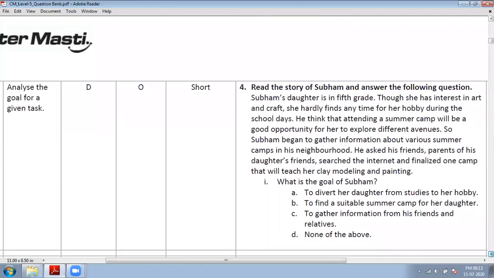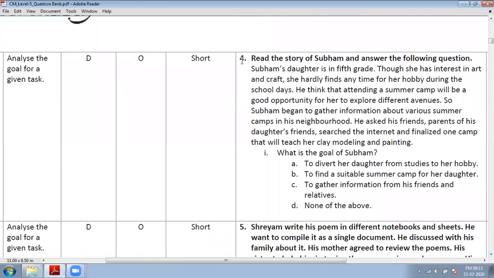Now question number 4. Here a story is given. Read the story of Subham and answer the following question. Subham's daughter is in 5th grade. Though she has interest in art and craft, she hardly finds any time for her hobby during the school days.